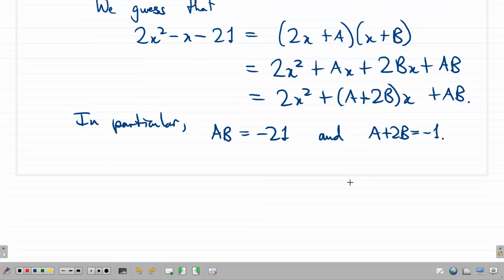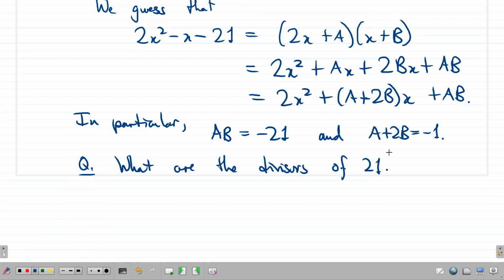So I'm essentially asking, what numbers divide into minus 21? There shouldn't be that many of them. Let's see if we can write them down. So question, what are the divisors of 21? What are the numbers that divide into 21?